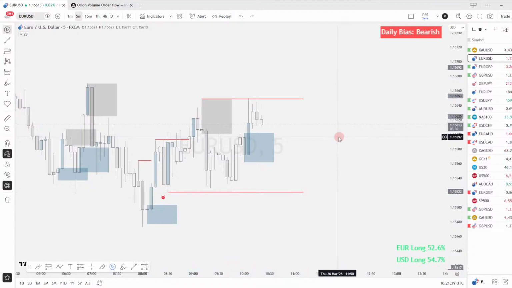This in turn is going to lead us into confirmation potentially of either a new low or a directional movement that we are looking to have, which is bearish.